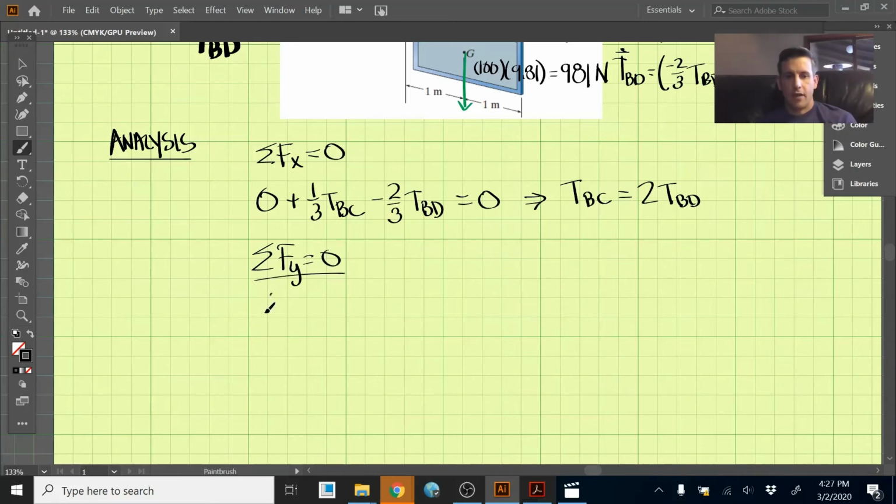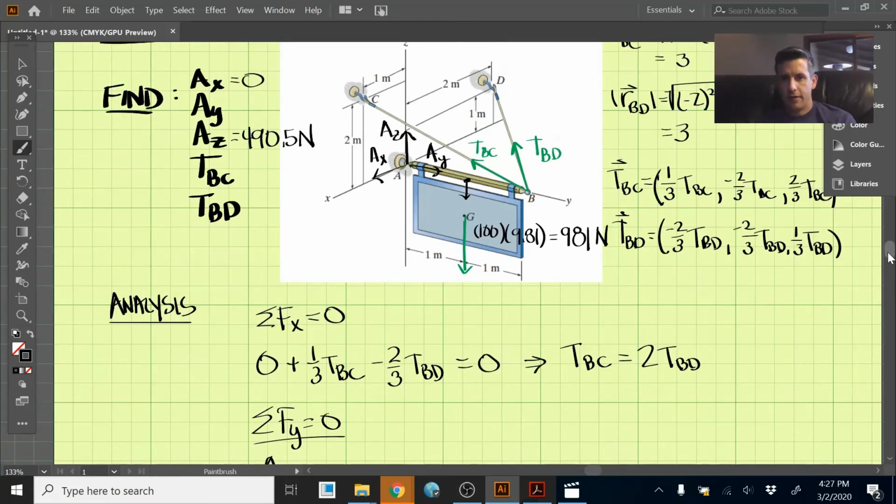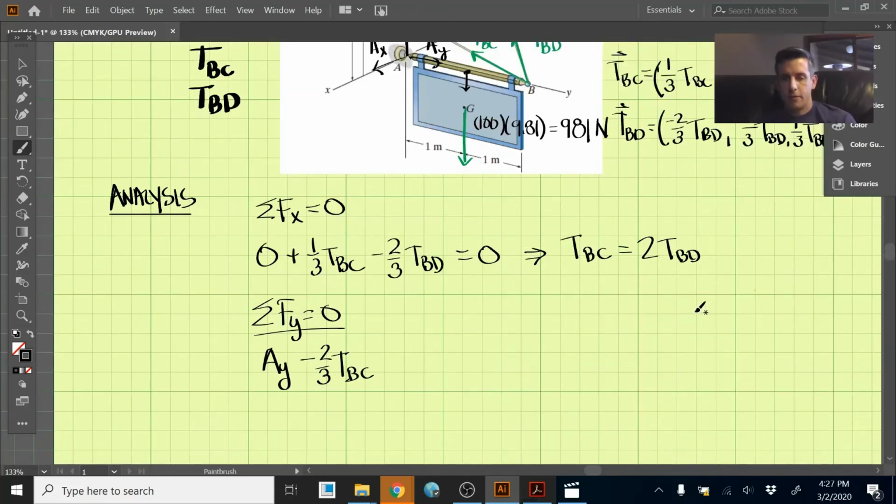Okay, we have AY, which we haven't solved for yet, and we have negative 2/3 TBC and negative 2/3 TBD, and the same as the x equation, the sign hanging has no influence on the sum of the forces in the y direction. So that is equal to 0 here. So we have 3 unknowns here.